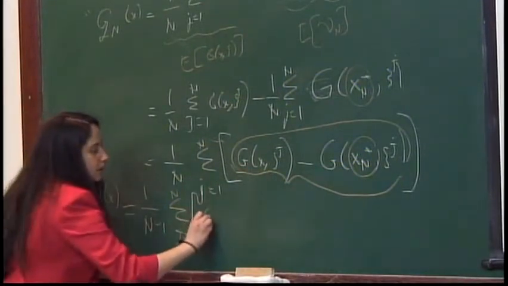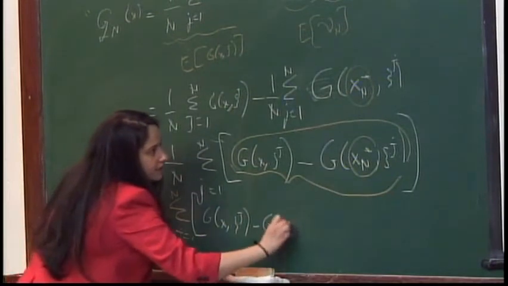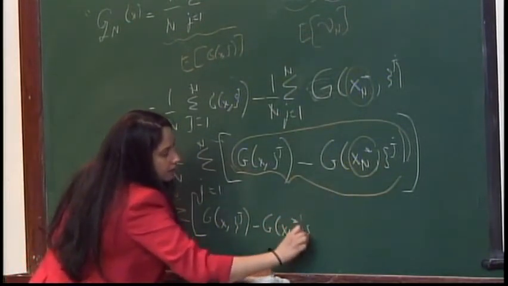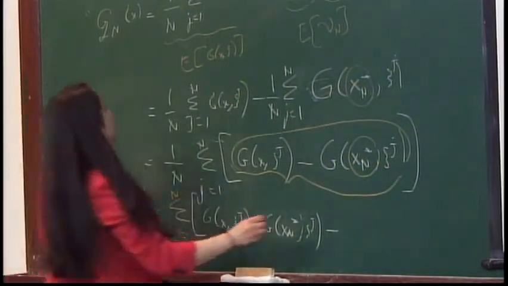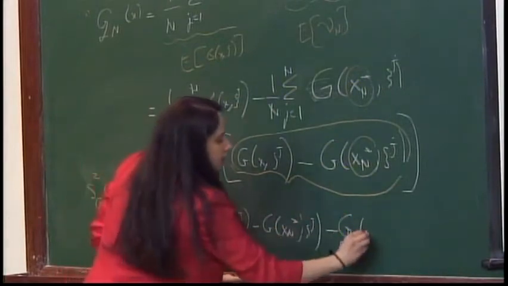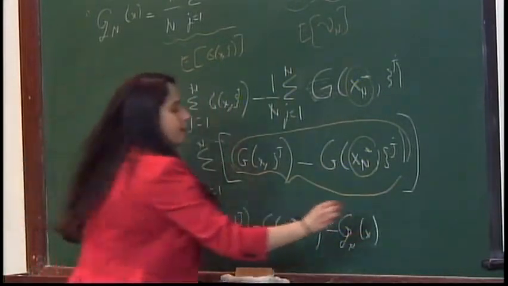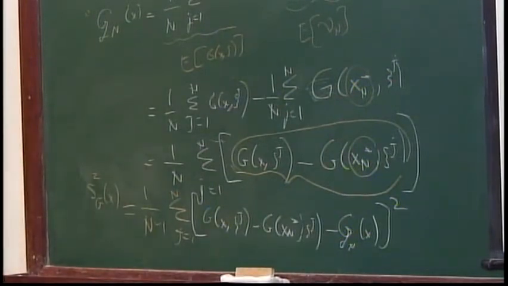I'm running a little out of space here, but xij minus g of xn star xij, and I subtract the mean, which is my one optimality gap estimator. And I square those terms.